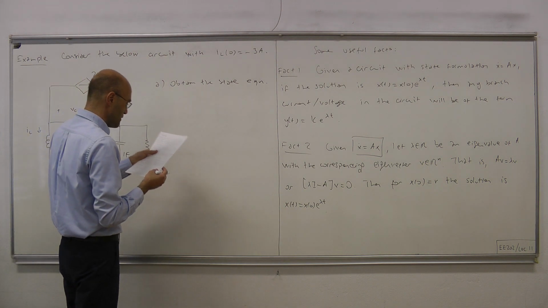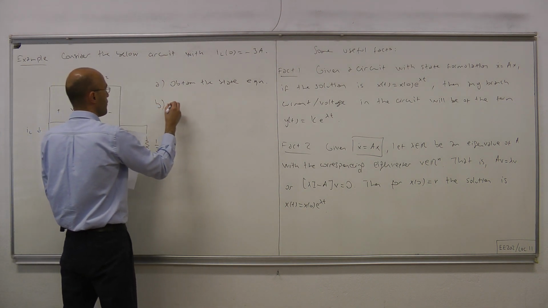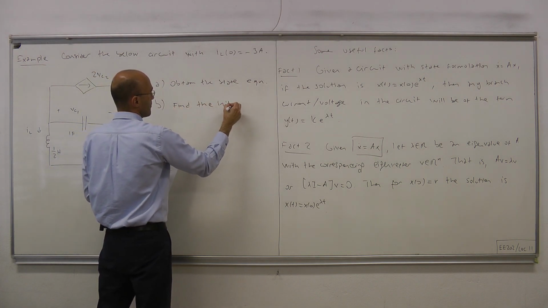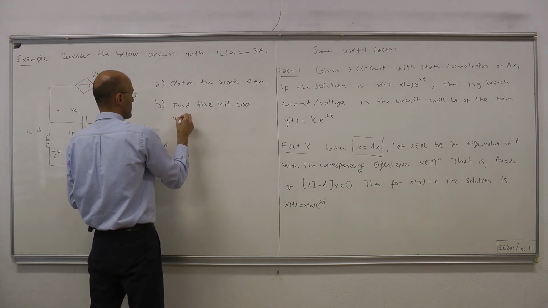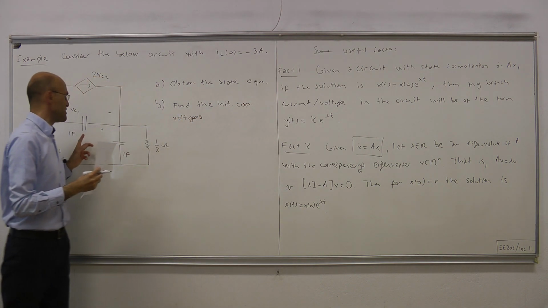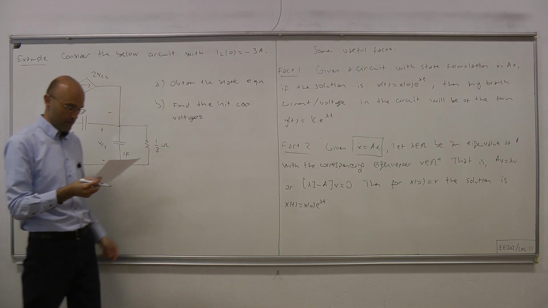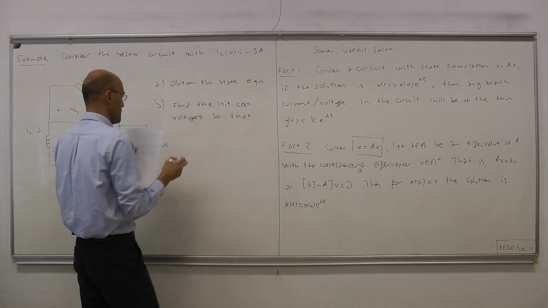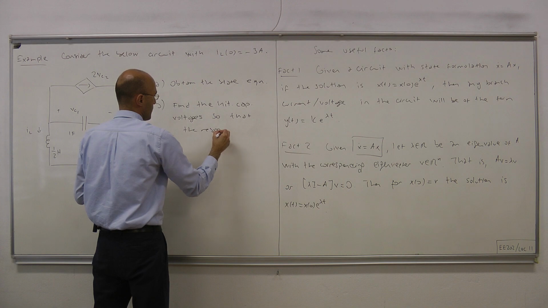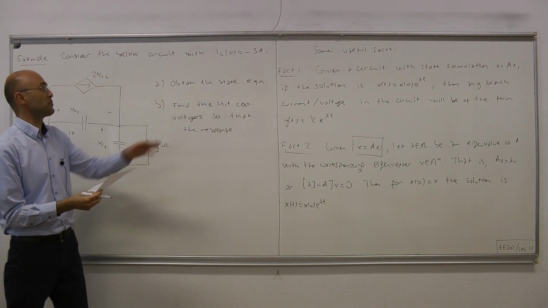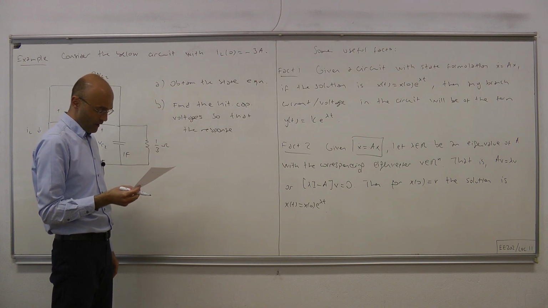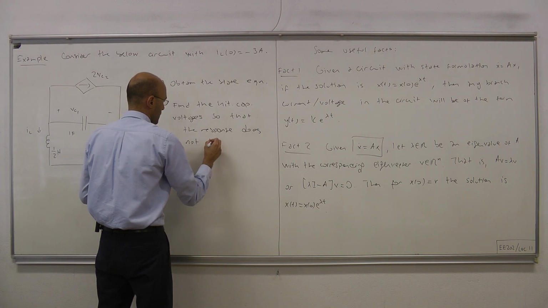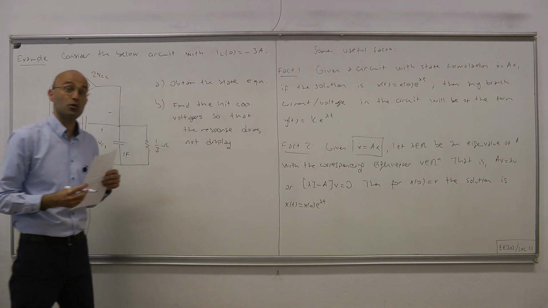Once we obtain the state equation, then we're asked to find the initial capacitor voltages, okay, VC1(0) and VC2(0), such that the response, which clearly is a natural response because we have no input in the circuit, does not display any oscillations.